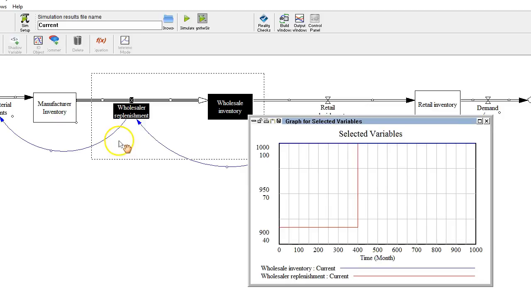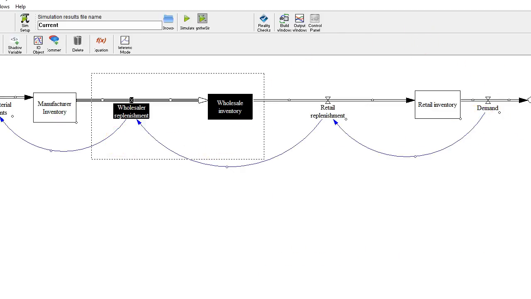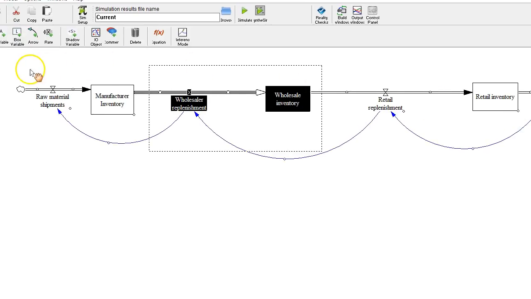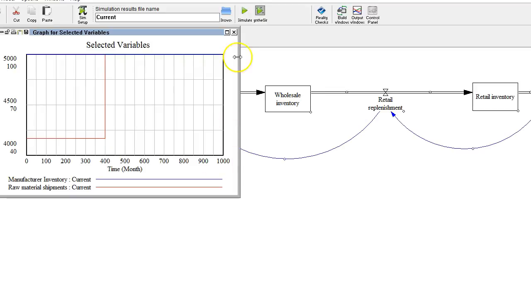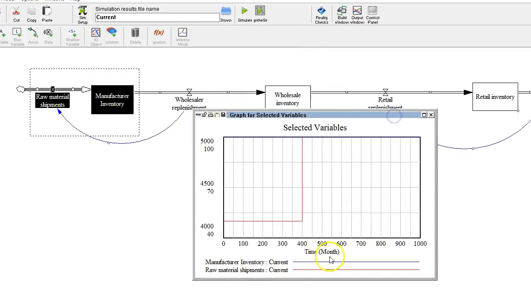And finally, we're going to show the raw materials and the manufacturer. And again, you have exactly the same behavior. You have the raw materials, the flow, the material shipments in red, and the manufacturer inventory in blue.